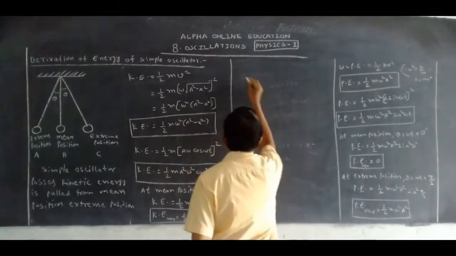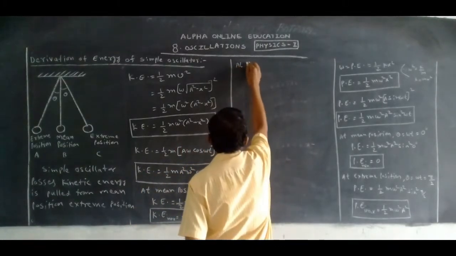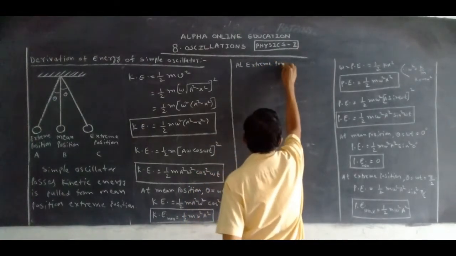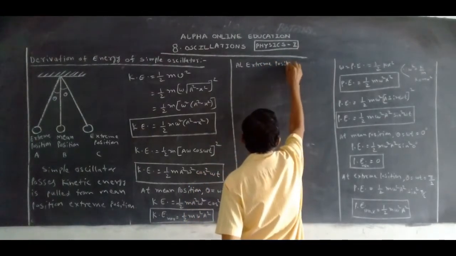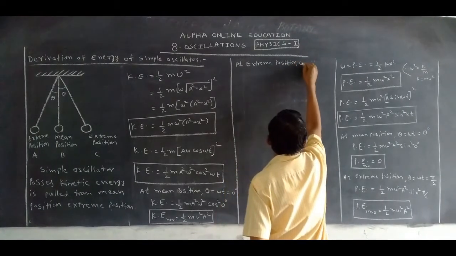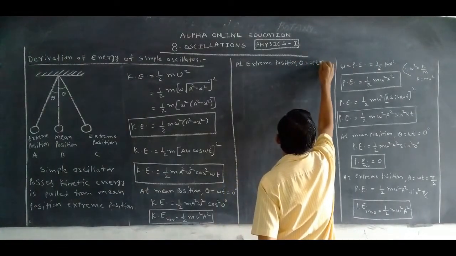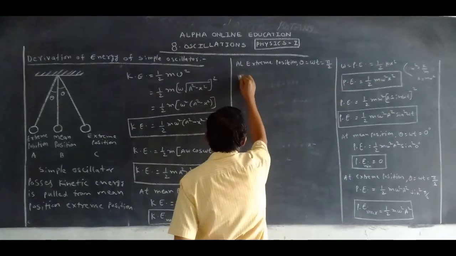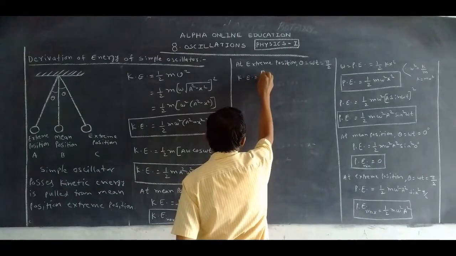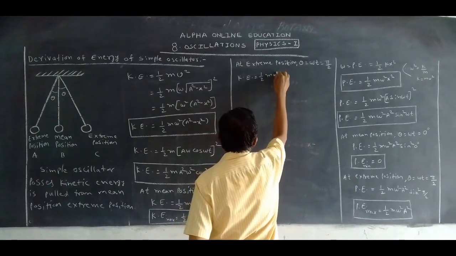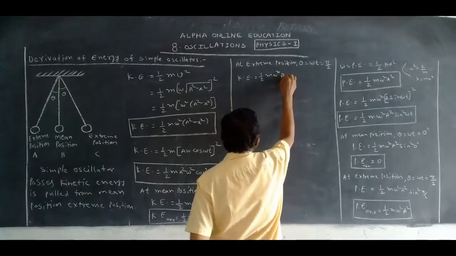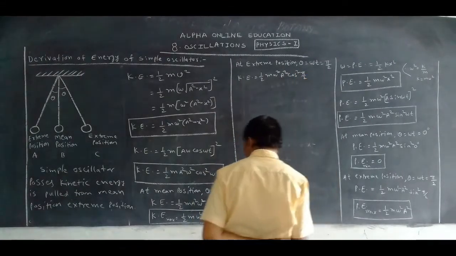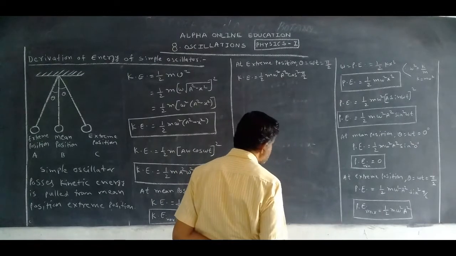Next, at extreme position, theta is equal to omega t is equal to pi by 2. Kinetic energy is equal to half m omega square a square cos square pi by 2. Cos pi by 2 means cos 90.